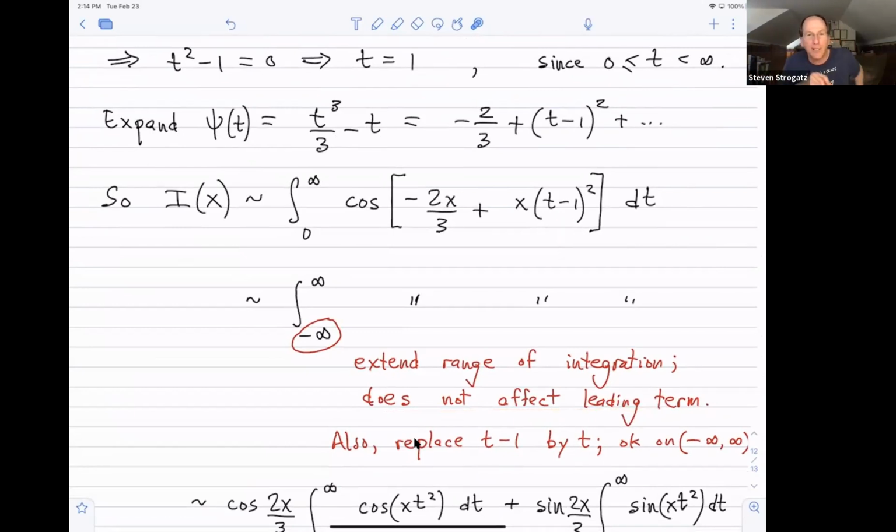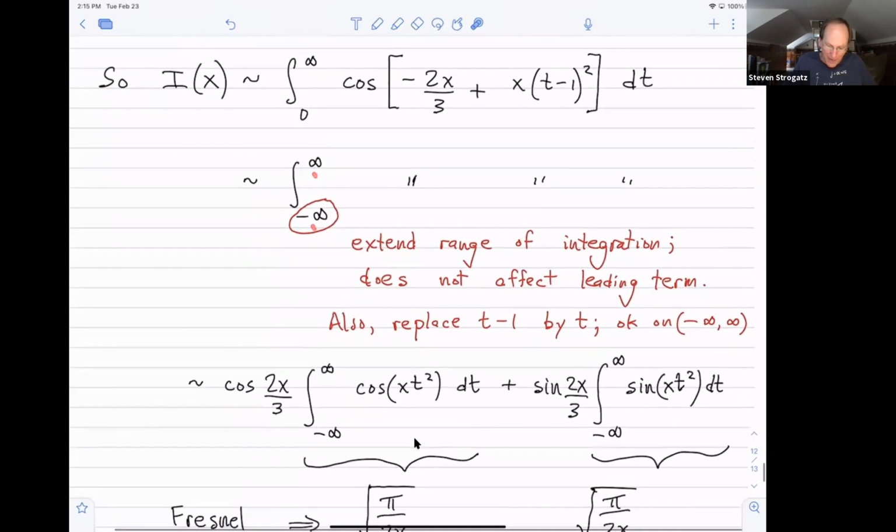If I replace the t minus 1 by a t in my integral, just change variables, like say t minus 1 equals s, and then call s t, then you have the very convenient integral being centered at 0 and going from minus infinity to infinity. So now we have this where I've used a trig addition formula to expand this cosine of a sum. So I have a term that depends on x, an integral, another term that depends on x, another integral.